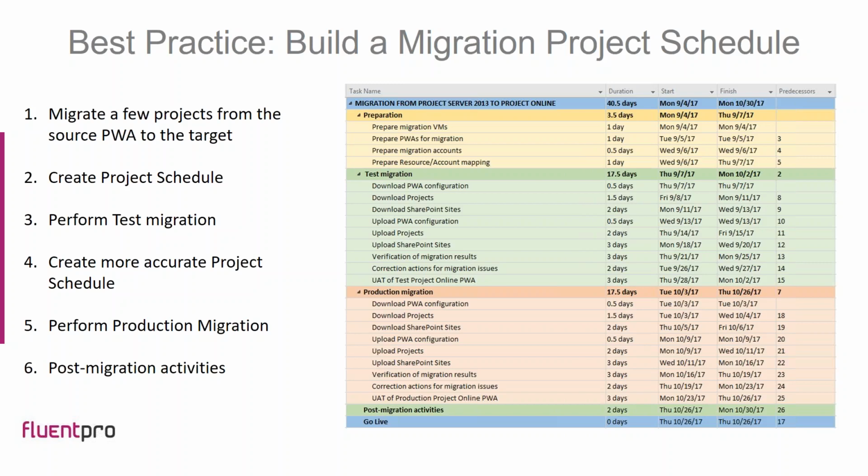Then verification comes: verification and validation of migrated data, like verifying all the aspects and correcting the migration issues if there are any. After all the data is migrated, the environment can be passed to the end users for the UAT, and this is the last step of the test migration.